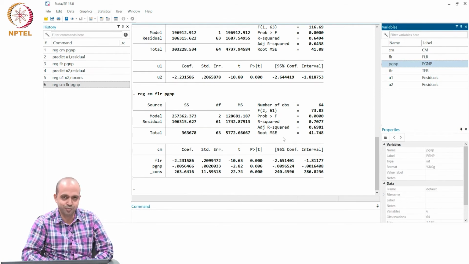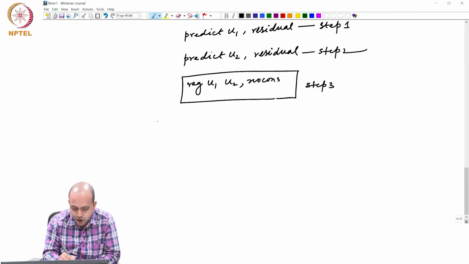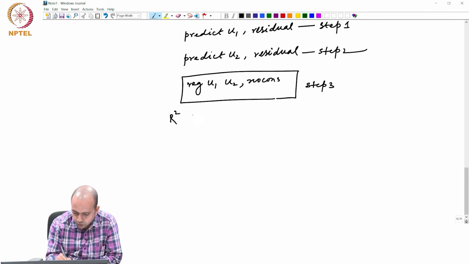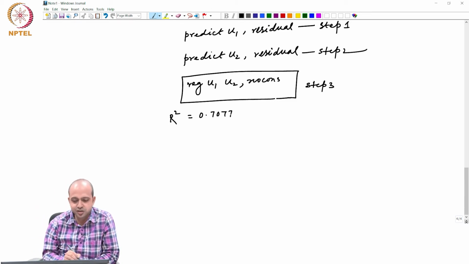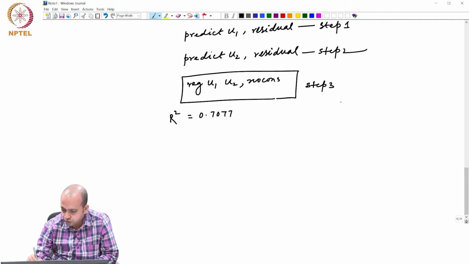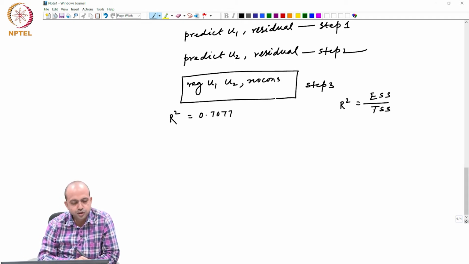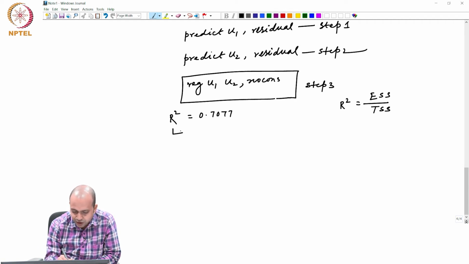Do you recall the meaning of R square? As we defined earlier, R square is ESS by TSS, right?